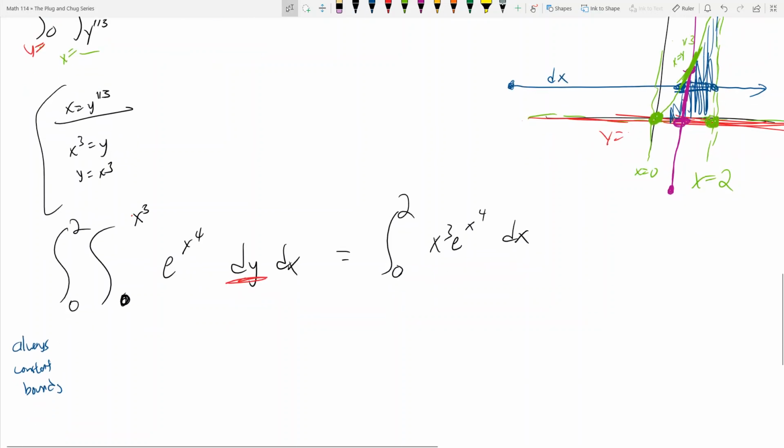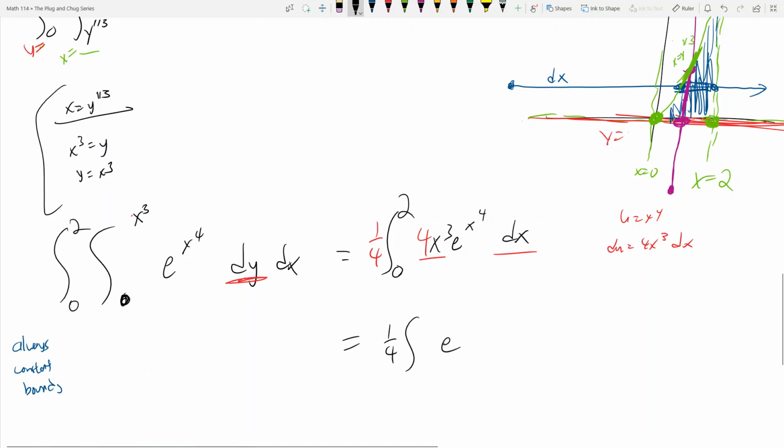It's really nice. And now I can make a u sub: u equals x to the 4th, du equals 4x to the 3rd dx. Here I get a 4x cubed, so I need to multiply 1/4 out in front.